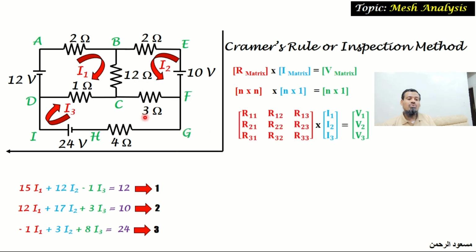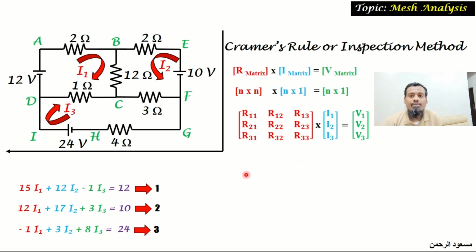So like this, we have to calculate the resistances of individual elements. And I1, I2, I3, these are the unknown values. And V1, the total voltage available in the first loop. V2, the total voltage available in the second loop. V3, the total voltage available in the third loop. So like this, we have to form the resistance matrix element values, and we have to find the voltage matrix element values. Now let us cross check this.